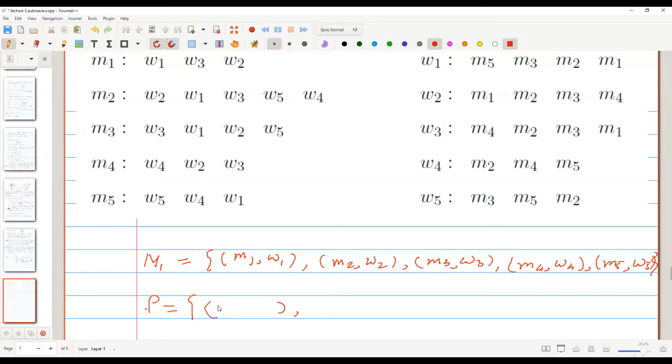M1? Yes, I think M1W1. Where W2 prefers M1 over her current partner. Yeah. And so I'll draw it after that.